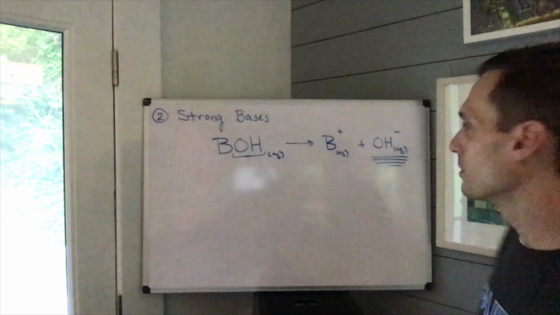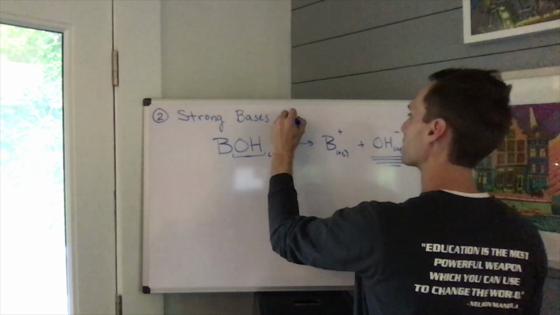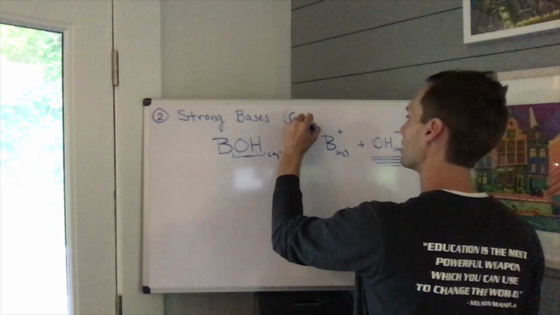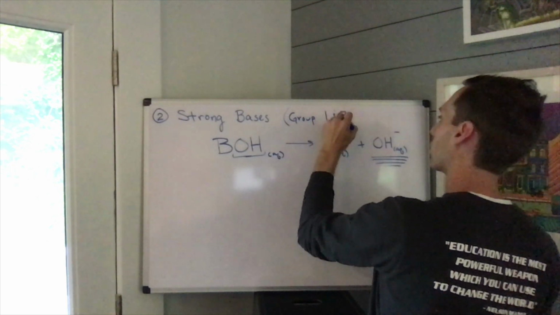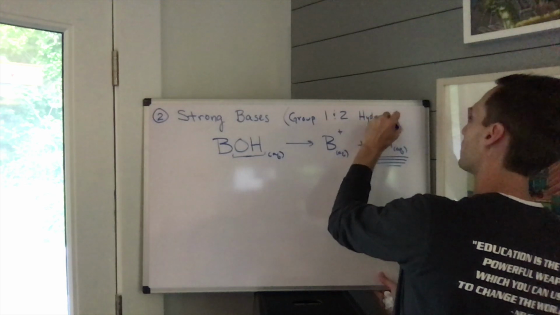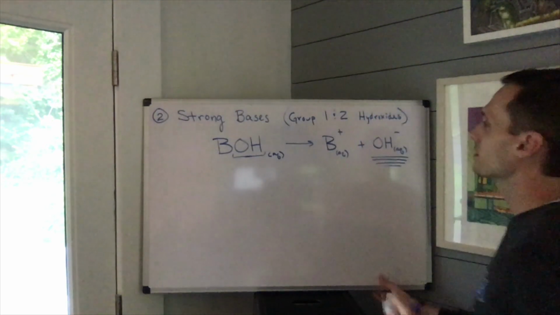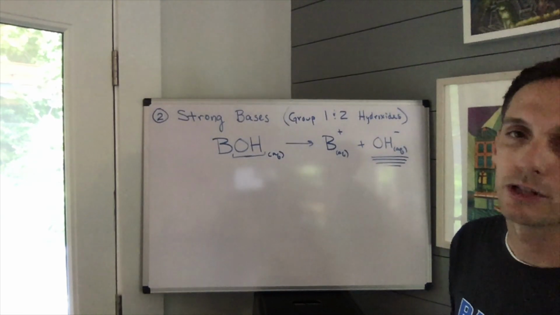Again, I'll just give you that strong bases, in our case, we'll simplify it, are going to be anytime you have a group 1 or a group 2 metal paired up with hydroxide. Okay, so we say group 1 and 2 hydroxides are going to be our strong bases.